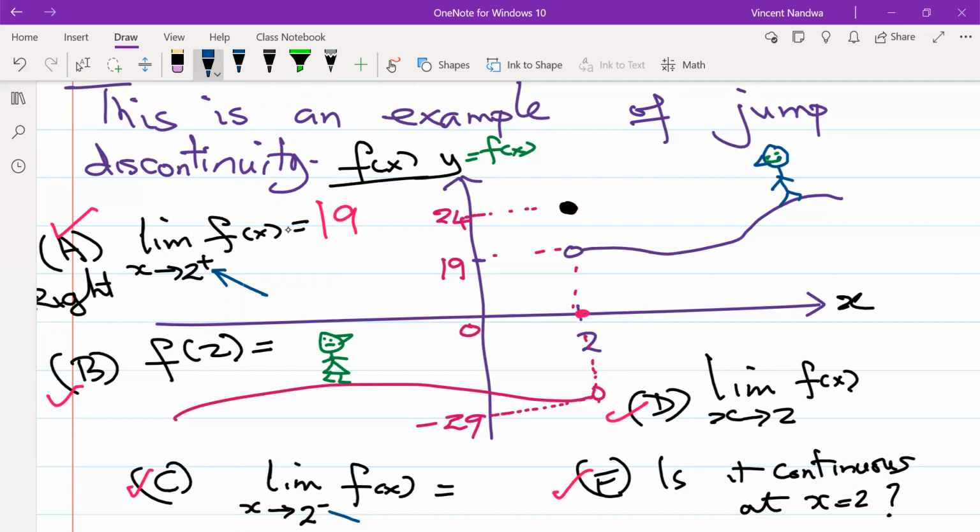These signs of minus and plus mean direction, whether from right or from left. So when I write x approaches 2 and I put a plus here, I mean I am moving towards 2 from the right-hand side. And this means I'm moving towards 2 from the left-hand side. It does not mean minus 2.